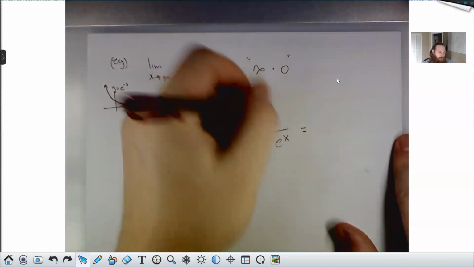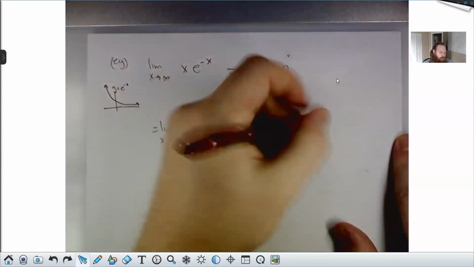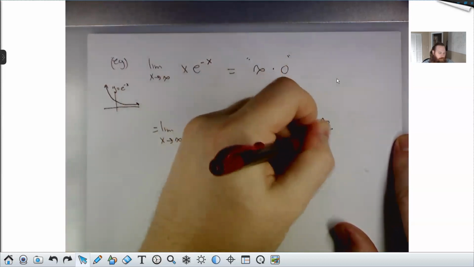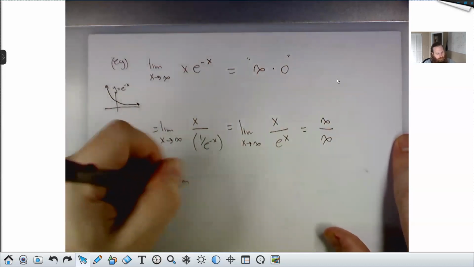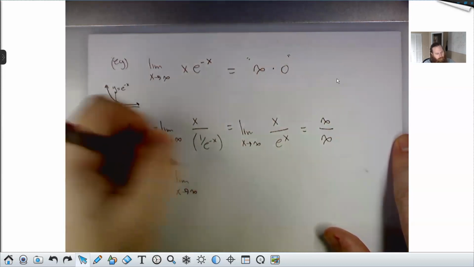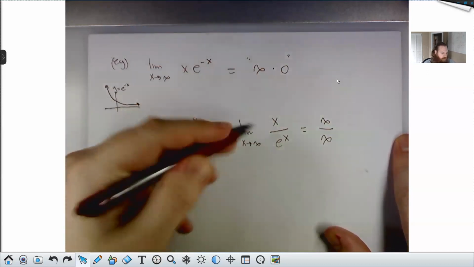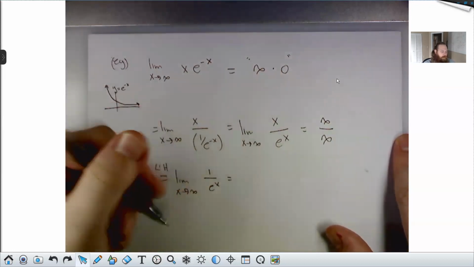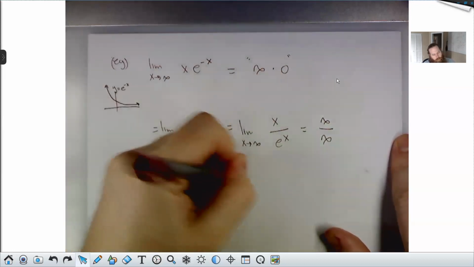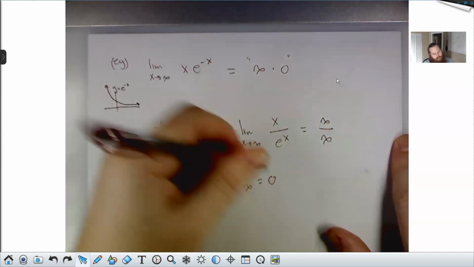And now this, top is going to infinity, bottom is going to infinity. So now I can use L'Hopital's rule. The derivative of x is 1. The derivative of e to the x is e to the x. And now when I take my limit, I get 1 over infinity. That is 0.